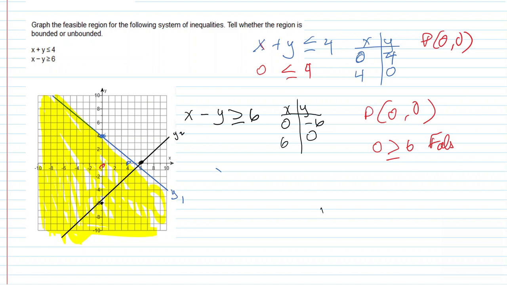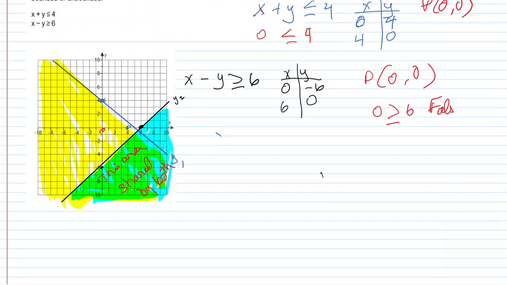So I'm going to use the blue. And the blue and the yellow turn green for where it is shared. So this side is shared by both.